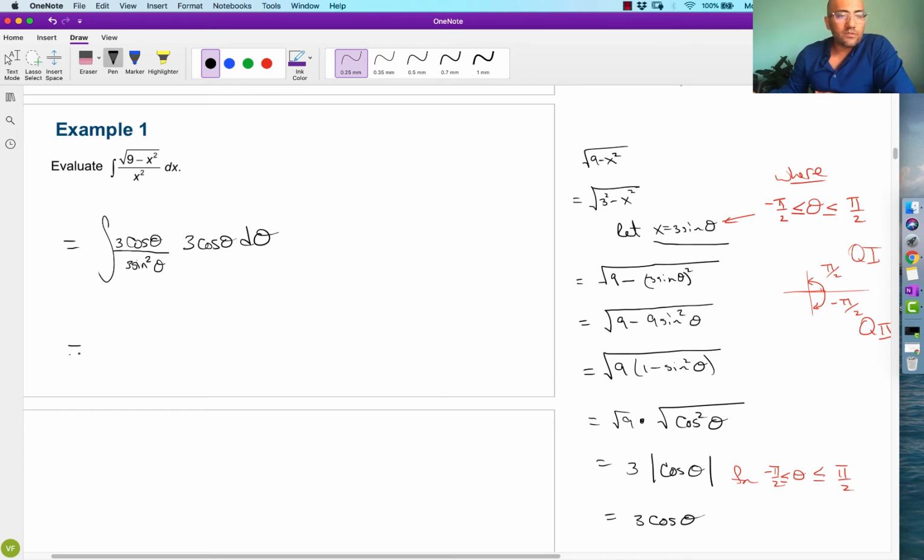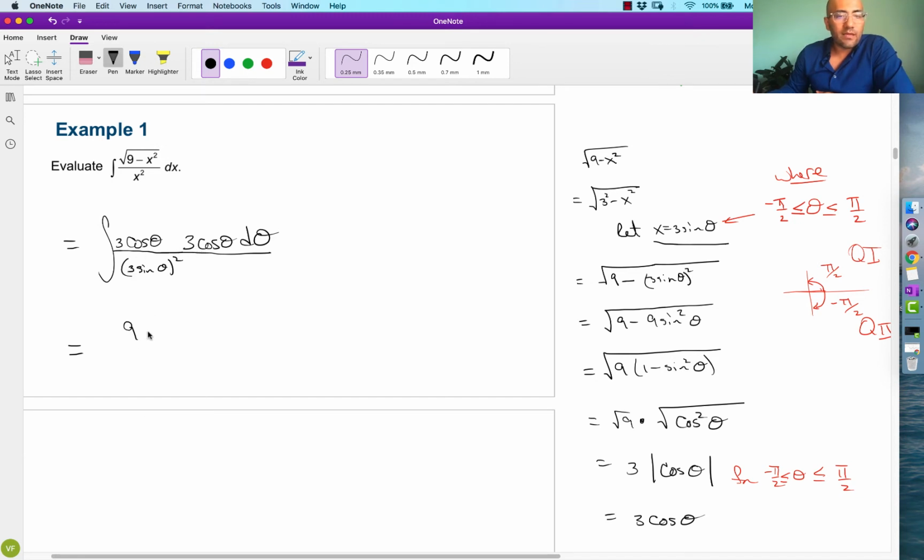Okay, so this will simplify a little bit. This 3 cancels with, oh wait a minute, no, sorry, I made a mistake here. Let me rewrite that. This is 3 sine of theta, and then the whole thing gets squared, not just the sine. Good. And I have 3 times 3, and I have 3 squared, so I know that's going to cancel.